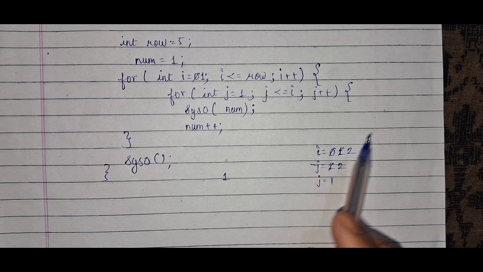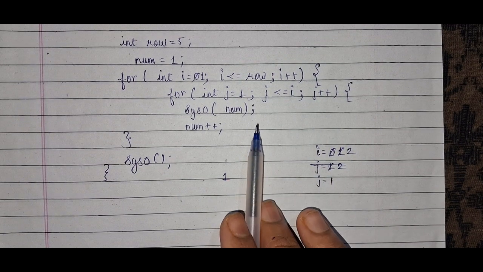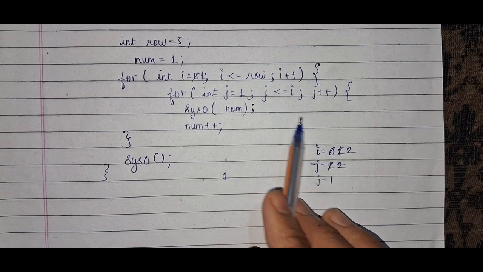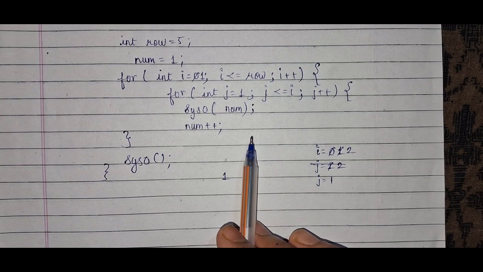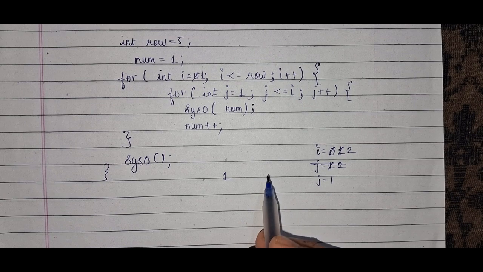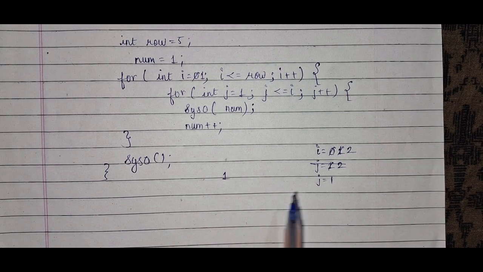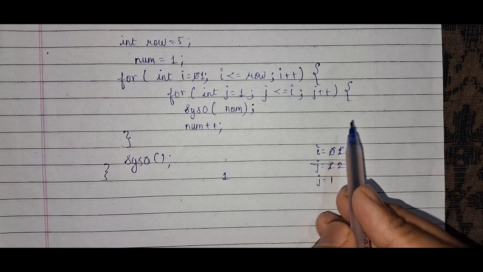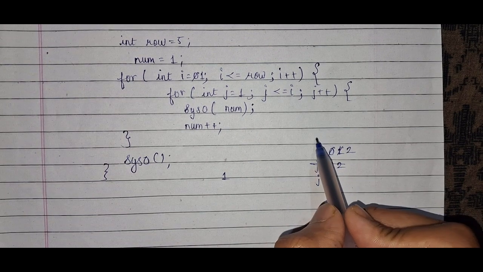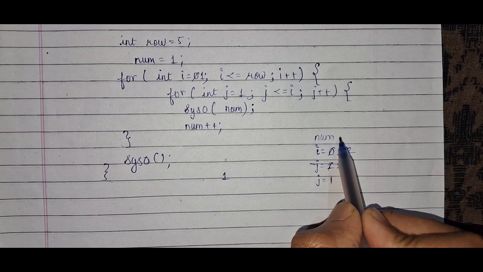Okay, now it will check the condition: is 1 less than or equal to 2, the condition will be true, then it will print the updated num. We have to update num also.